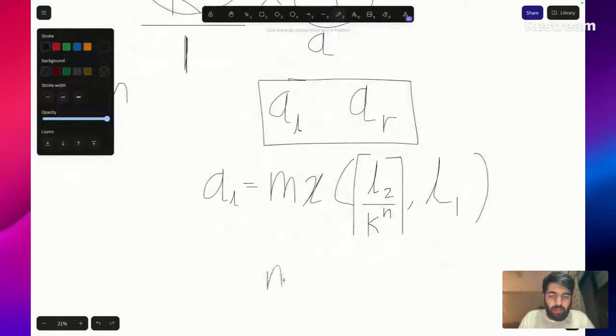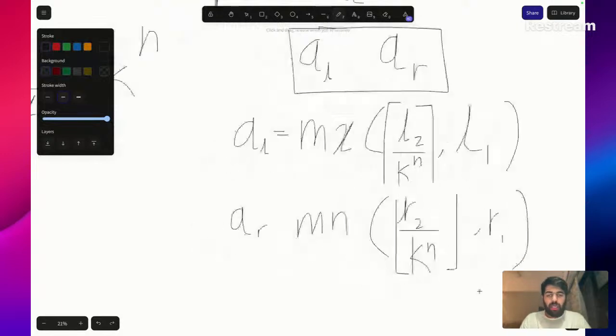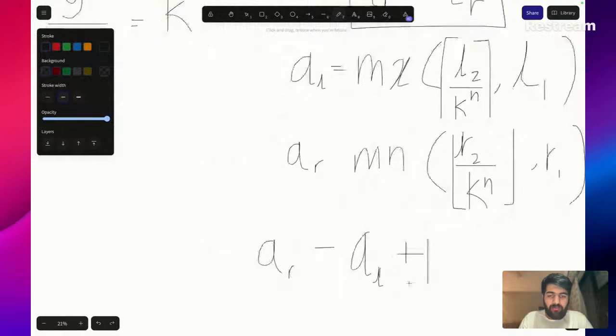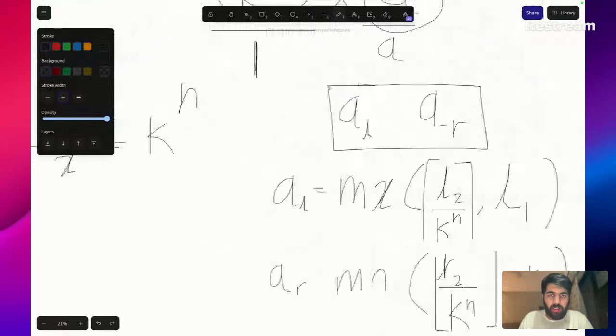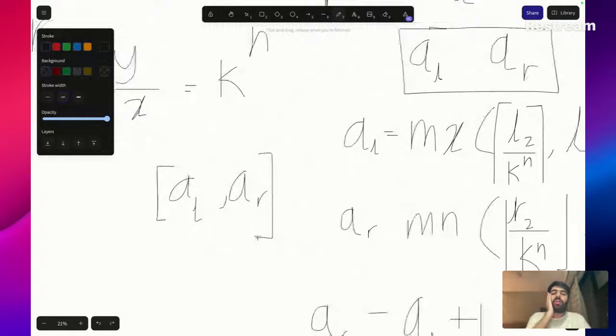And the same here: AR will be the min of R2 upon k raised to n, floored, and R1. And my answer will be AR minus AL plus 1. Basically everything in the range from AL to AR will be my answer. All the values in this range.